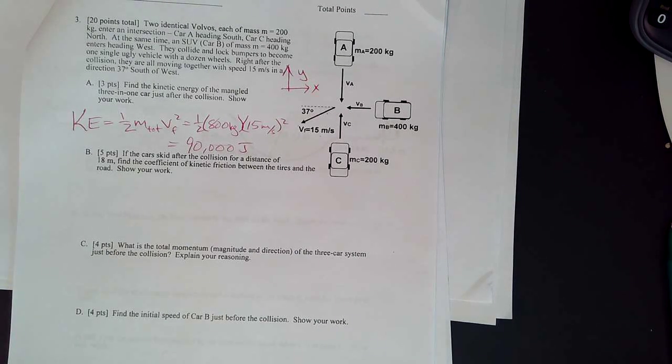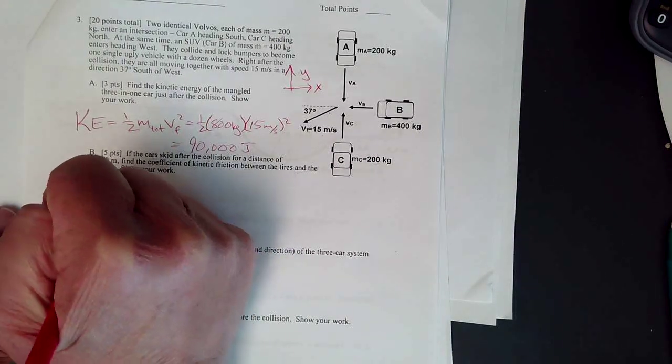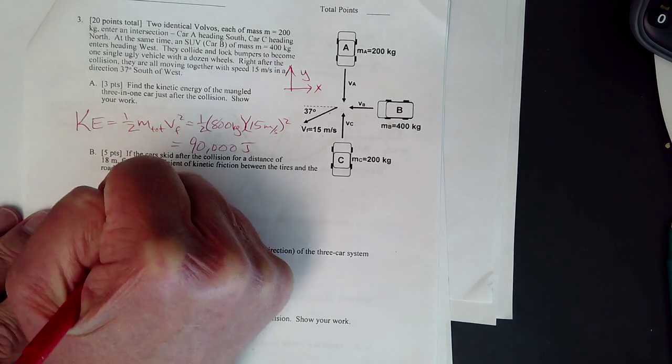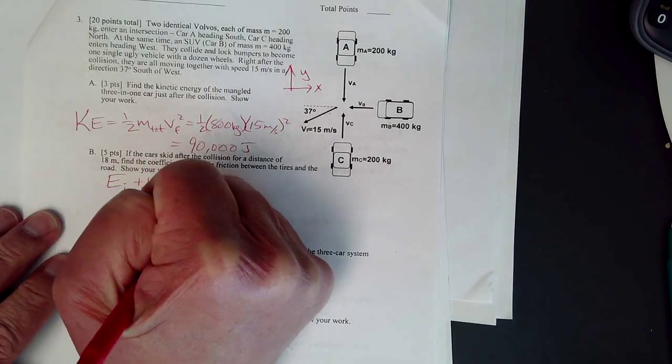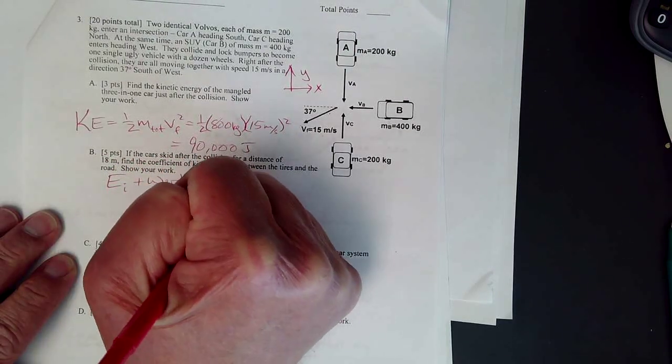If the cars skid after the collision for a distance of 18 meters, what's the coefficient of kinetic friction between the tires and the road? Well, we're dealing with a distance here, not a time, so that's an energy problem. Energy initial plus work external is equal to energy final.